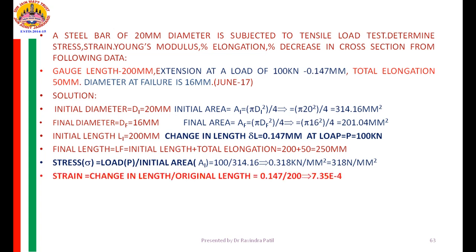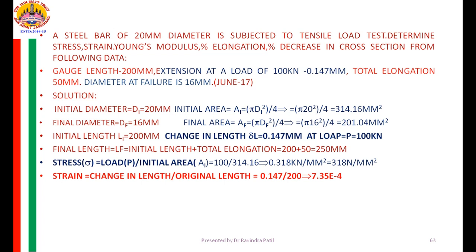Now change in length he has given. Strain is nothing but the change in length divided by original length. Change in length is 0.147 and original length is 200. So you will get the strain as 7.35 times 10 to the power minus 4.